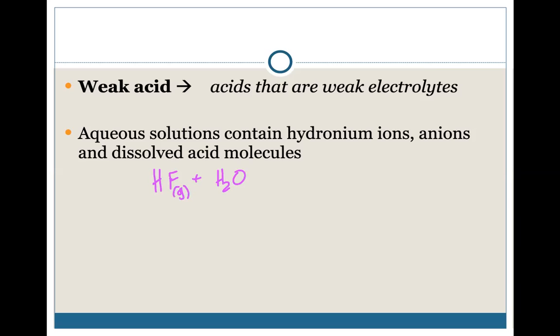Let's see, that's a gas, that's a liquid. And here's a really big tell: H3O+ (aq) plus F- (aq). And don't worry about balancing it. All right, so if we look at this, and then let's just do HCl as an alternative.